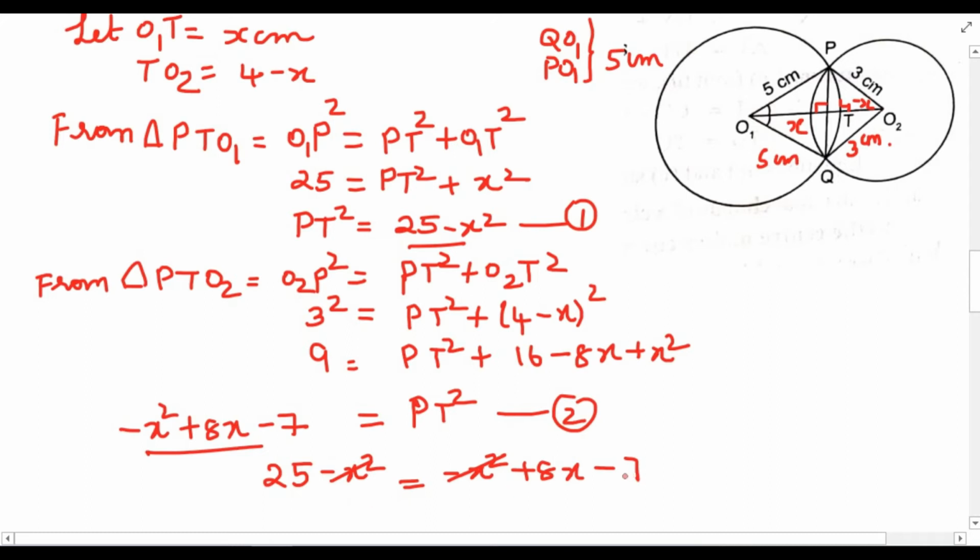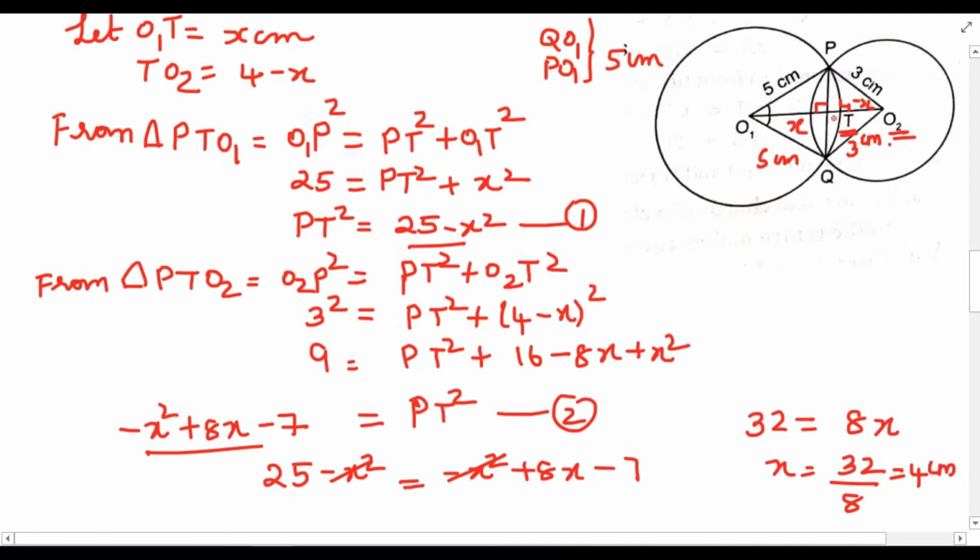Again 25 plus 7 is equal to 32. 32 is equal to 8x, or x is 32 by 8, which is 4 centimeter. That means the points O2 and T coincide because 4 minus 4 is 0. So these 2 points will come together.